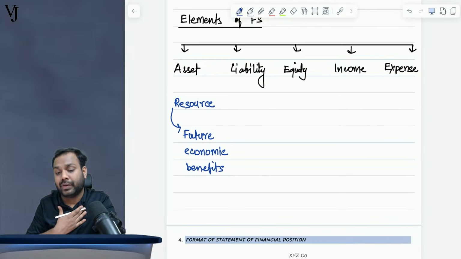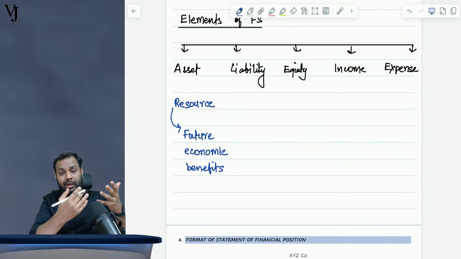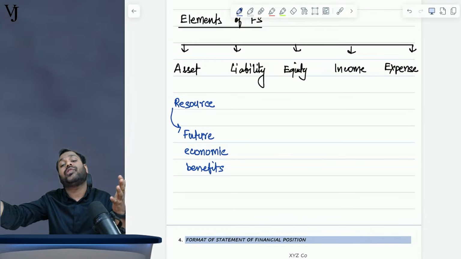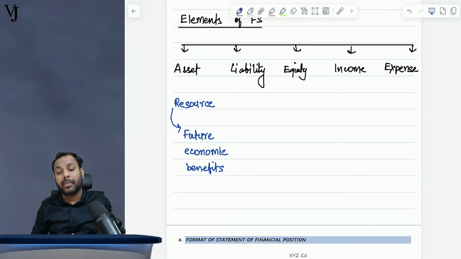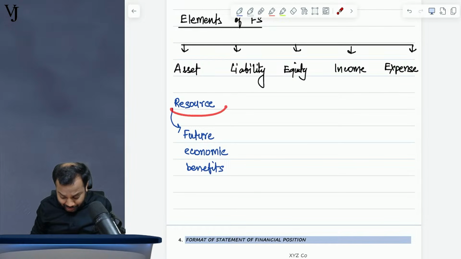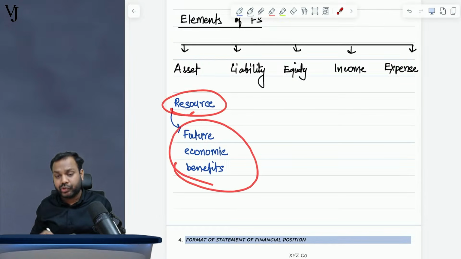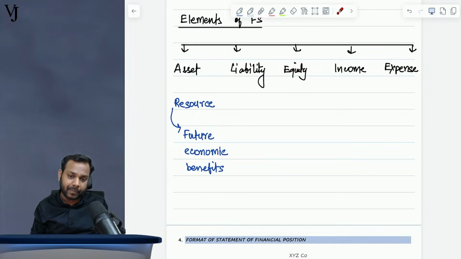It's an asset for me. If I have a receivable from someone, the amount which I will receive in the future will be my future economic benefit. So assets are a resource which will give me future economic benefit.